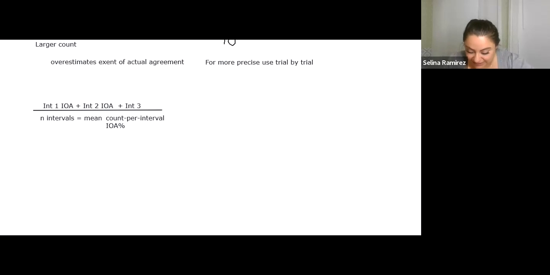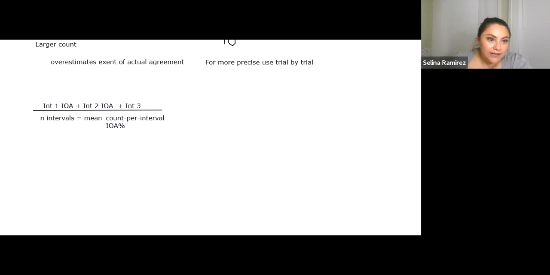Okay, so let's try to calculate the example on 5.2. On the top, we're going to do interval 1 IOA plus interval 2 plus interval 3 and so on. So we have to get the IOA for each one. For IOA, we do smaller over larger, right? So let's go through each interval on figure 5.2.